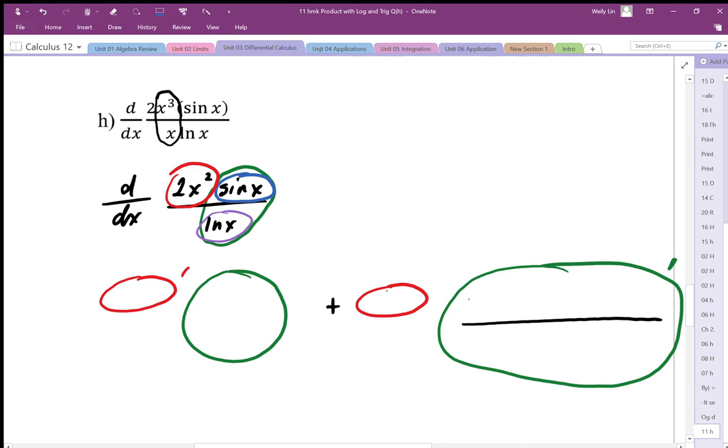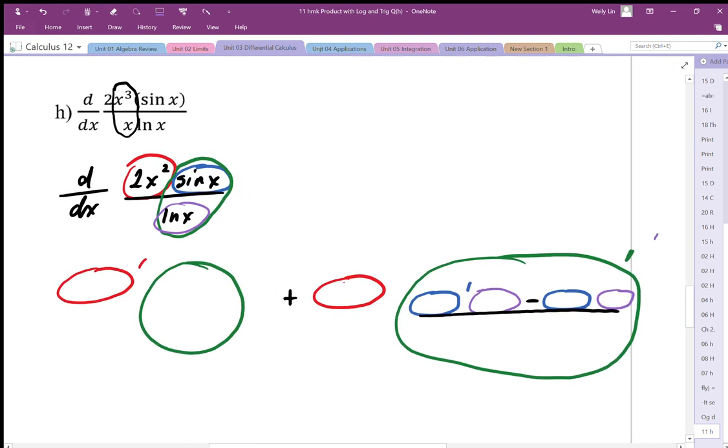I'm going to have the derivative of sine x times the denominator, which is log x, minus the first term, the numerator term sine x, times the derivative of the denominator. That's going to be the derivative of log x here. Okay, so just make sure that's clear. That's my derivative there. And in the denominator, I have the denominator squared.